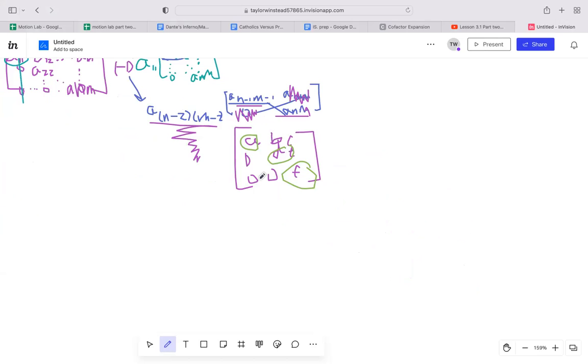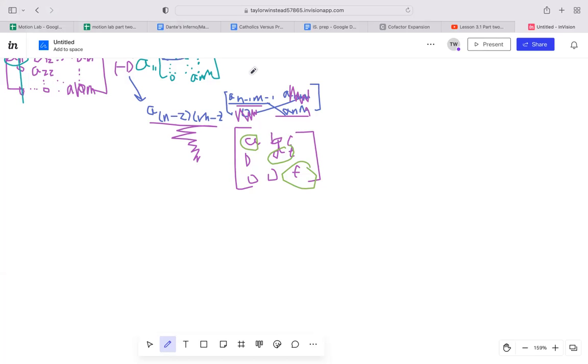So if any of these things are 0, then obviously it's not going to be invertible, because we're taking one thing on the diagonal and multiplying it by the two other things on the diagonal, multiplying parts of the diagonal by each other, and that's determining what the determinant is.